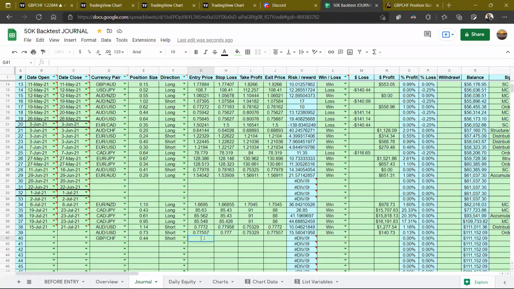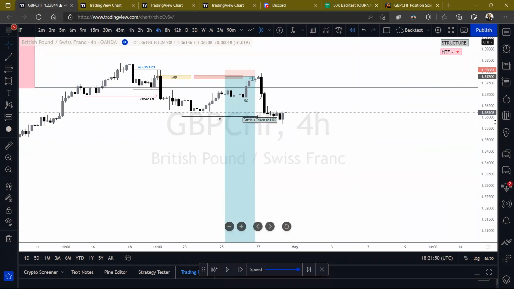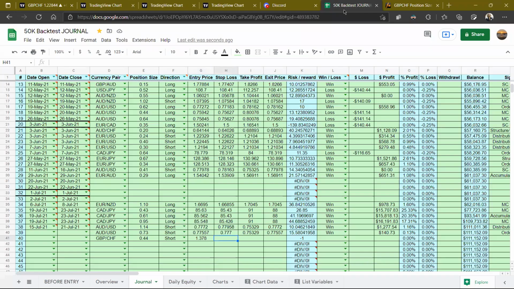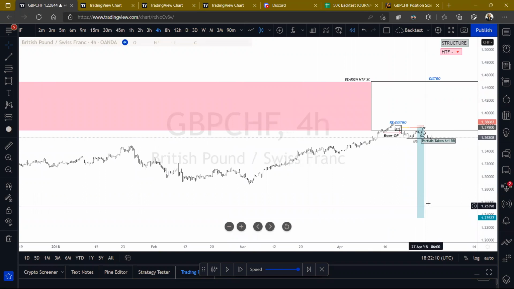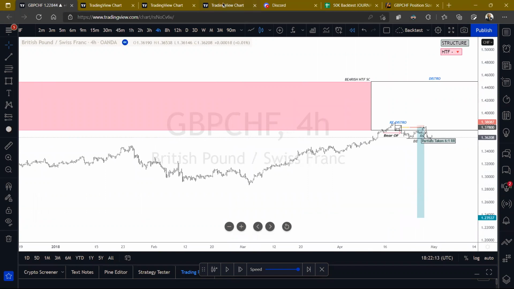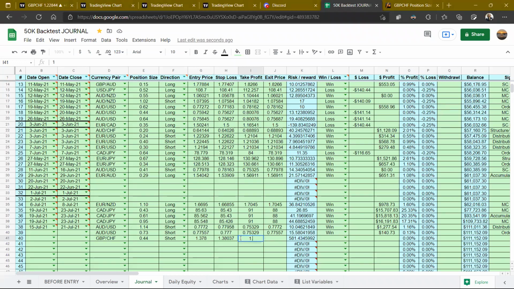1378. 38,047. Take profit 35, 235. I'll have that yet.